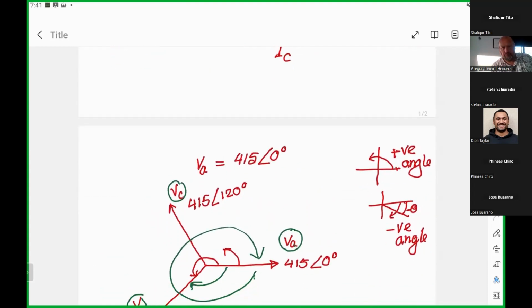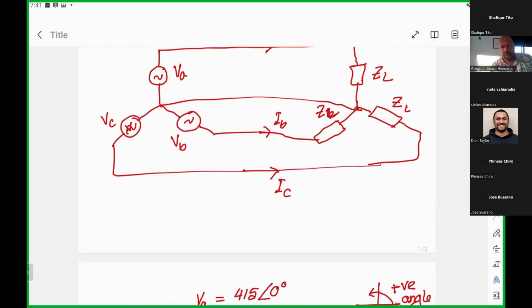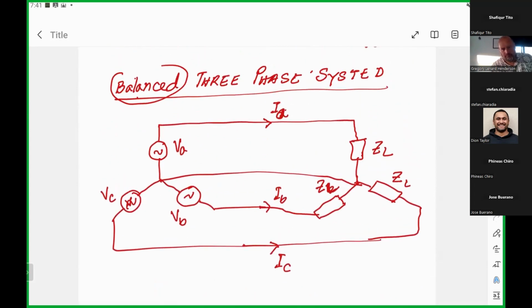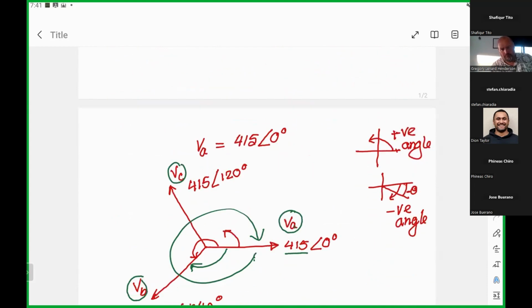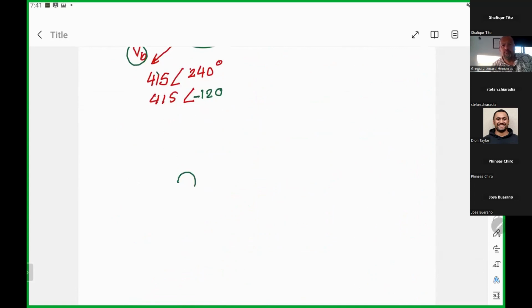If I somehow know that one voltage has a magnitude of 415, then all the other lines will have the same voltage. This is the property of the balanced three-phase system. Since the magnitudes are the same for all three phases, I can simplify and do my analysis considering a single phase only, VA connected with ZL.